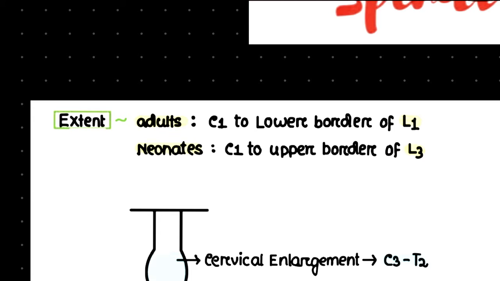That means as the child grows, there is an upward shift of the cord, because initially it was till our L3 level, but as the child grows, it will be limited to L1. That means there is upward shifting of our spinal cord. Now this was about extent.